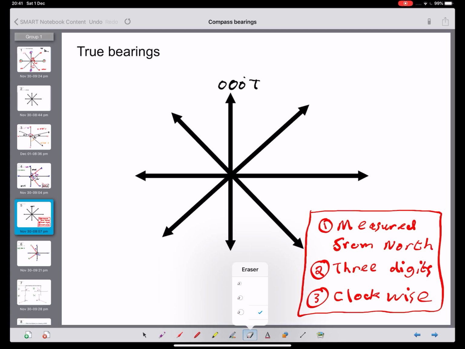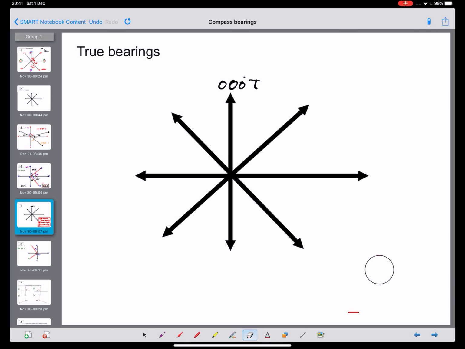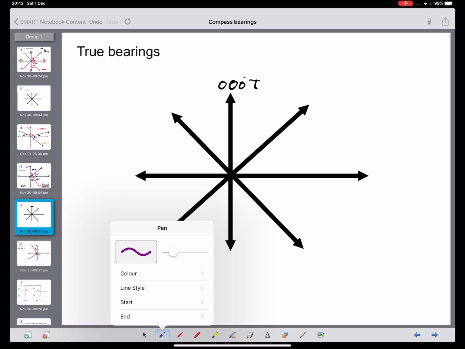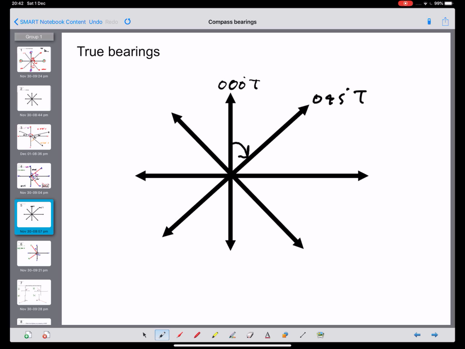Okay, I'm going to get rid of them because I don't have space. You should be familiar with the various directions, so I'm not going to put those in. So the next one is going to be 045 degrees T, continually measuring clockwise.